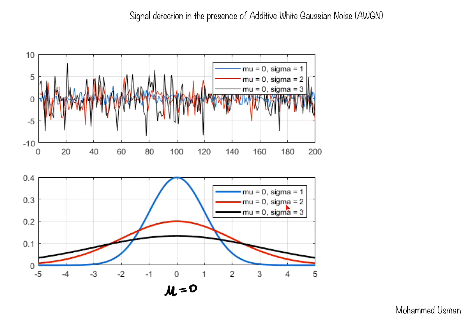As the standard deviation increases, the PDF spreads out, so it becomes wider and wider. What this means is, if you look at the blue PDF, which has the smaller standard deviation, most of the signal's amplitudes lie in the range from -2 to +2.